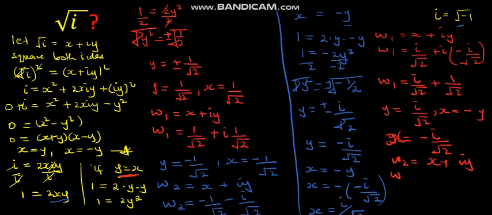So w2 will be equal to, what is x? We said that x is negative i out of root 2, then plus i. What is y? y is i out of root 2. So w2 will be equal to negative i out of root 2, then this times this is negative 1, then out of root 2.